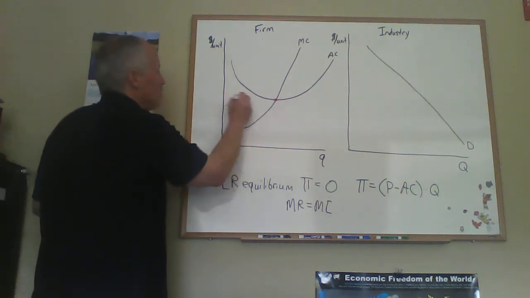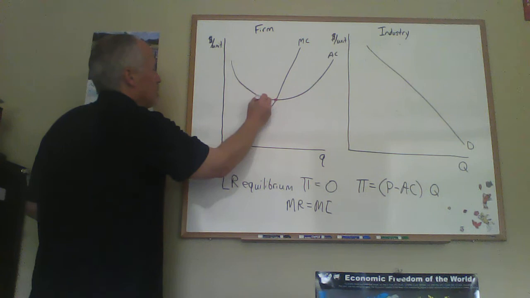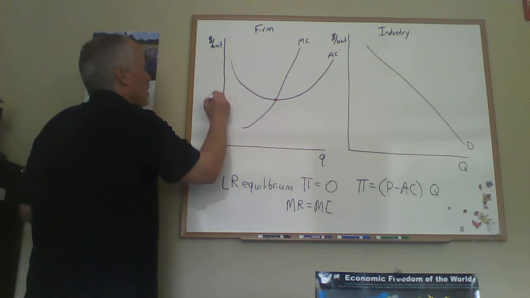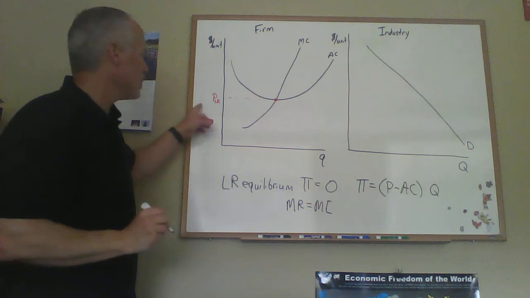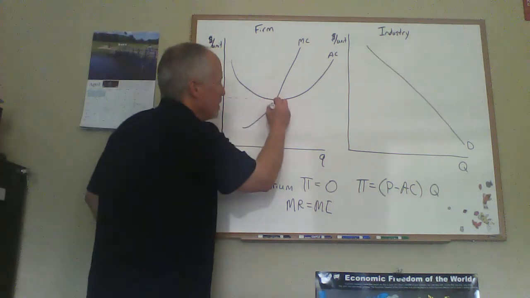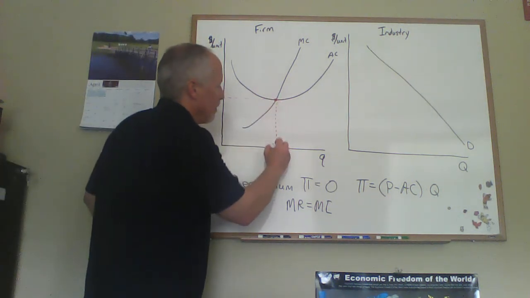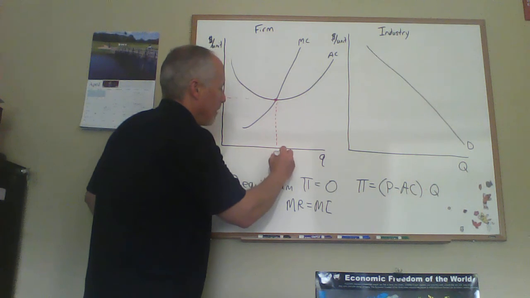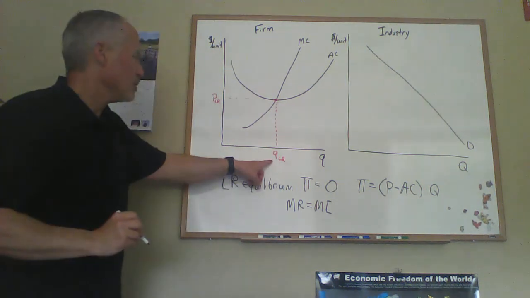This is going to have to be the price. If we project this over here, that's going to be the long run equilibrium price, and this is going to be the quantity that the typical firm will produce.